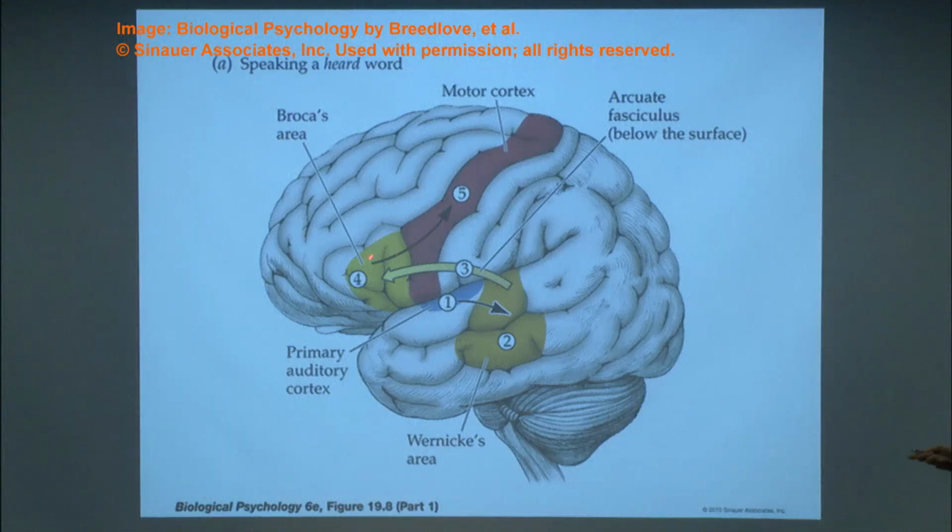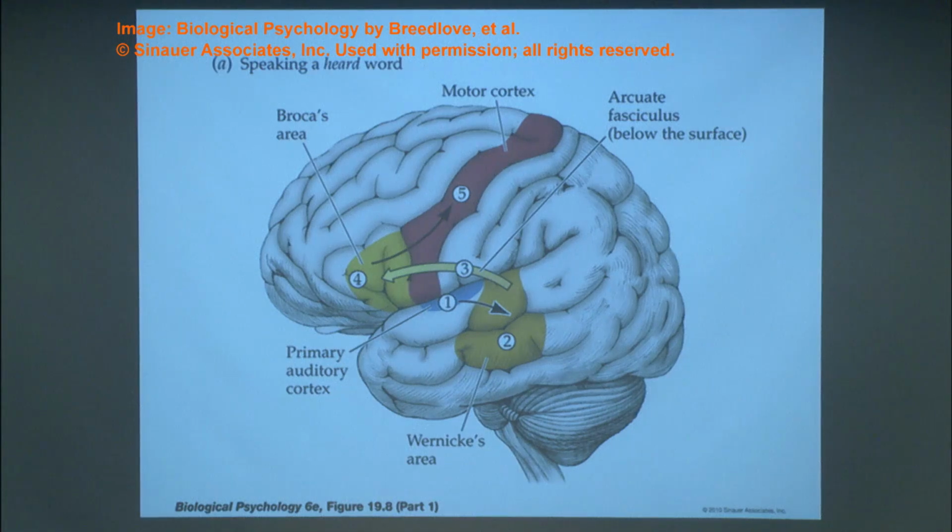And then through this connection, number 3, the arcuate fasciculus, we bring the meaning of words to this preparatory area, Broca's area, this motor preparatory area, that then translates the meaning of these words into spoken language through connections to primary motor cortex.